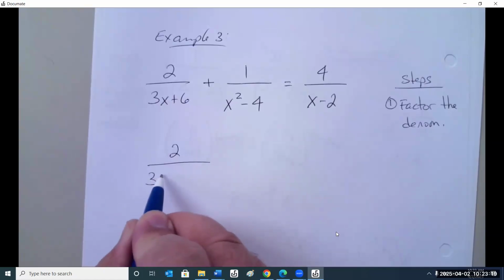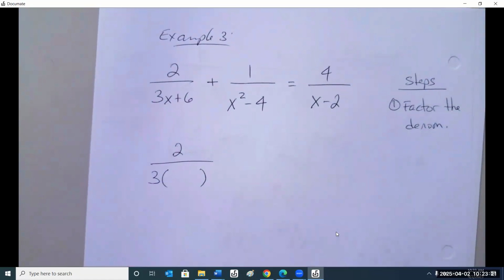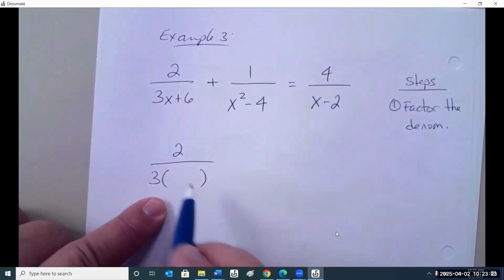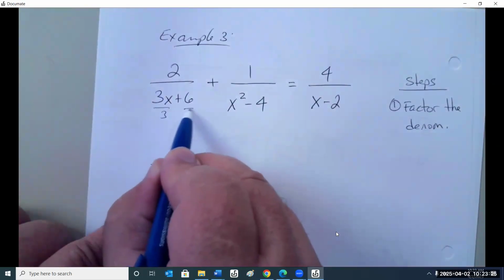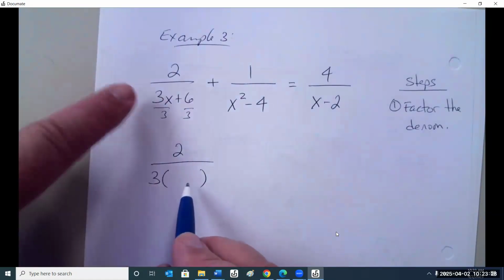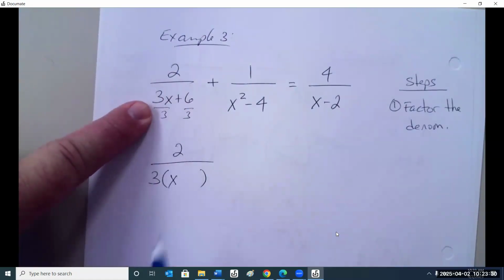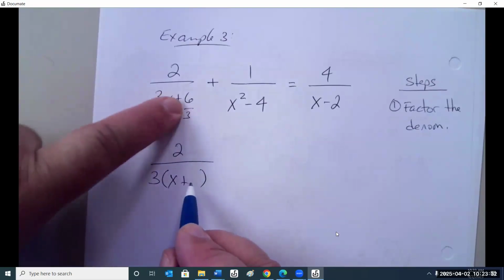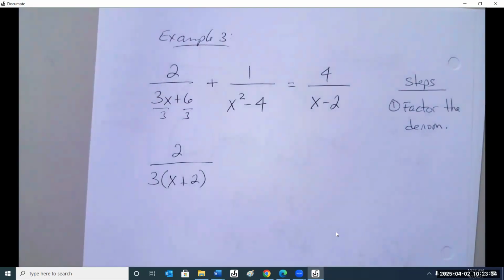They both have a 3. Now, when you factor out a 3, to see what goes in there, divide both of these by 3. So 3x divided by 3 gives me x. 6 divided by 3 gives me 2. I know, I just blew your mind there. Whenever you factor out something, to see what goes in the parentheses, just divide it.